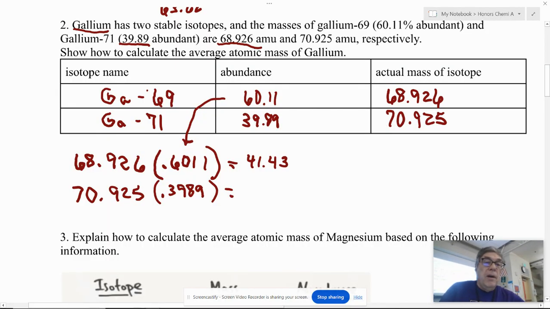And 70.925 times the relative abundance divided by 100, 0.3989, is 28.29.